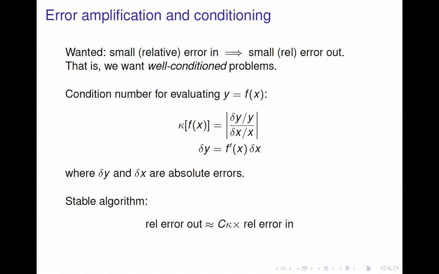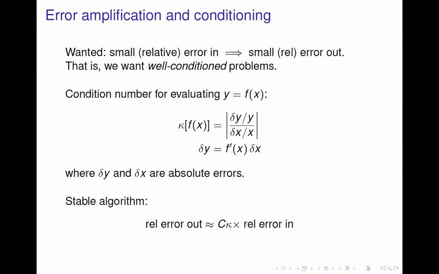Now, if f happens to be a differentiable function, then delta y, the absolute change that I expect to see in y for a given change in the input, is going to be f prime at x times delta x. So again, we've got this first order Taylor expansion that relates the errors in the input to the errors in the output.